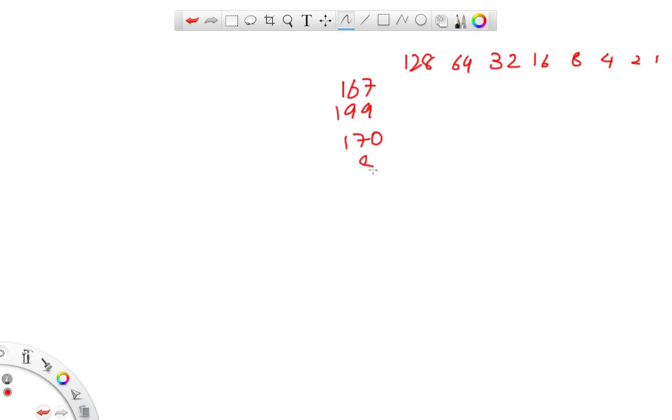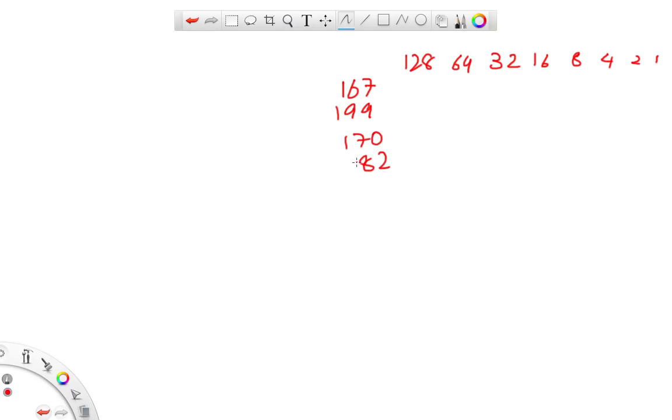Let's once again convert it quickly to binary and see what we get. I want you to practice this so that you're comfortable with these conversions. Once you're comfortable with this, it's very easy to solve it in the exam, inshallah.